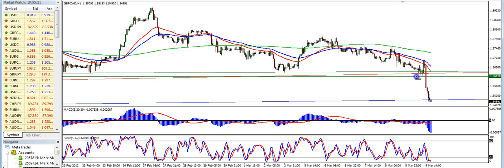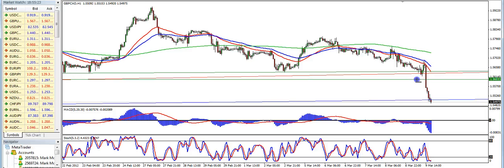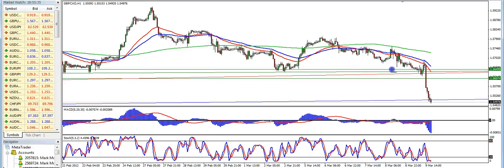Just pop that in now: 56.17, 56.7. Stop loss above the line, 10 pips, 56.47.